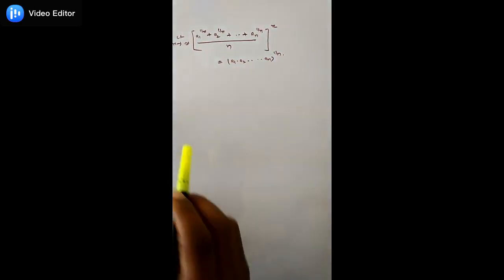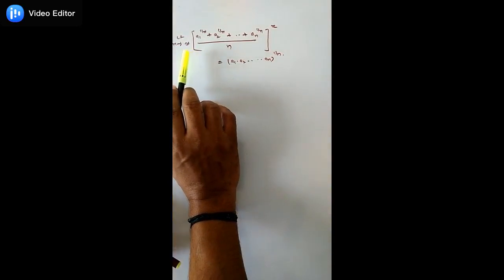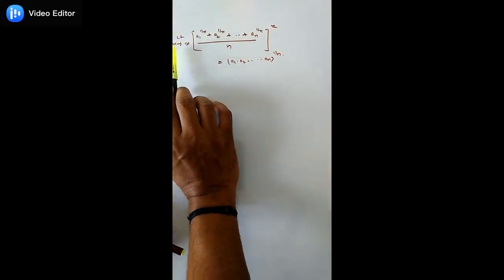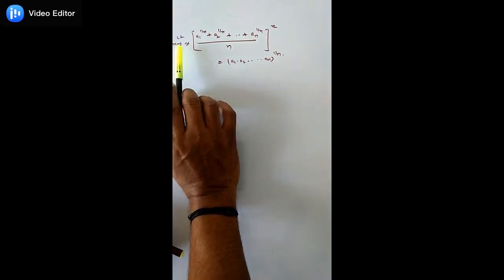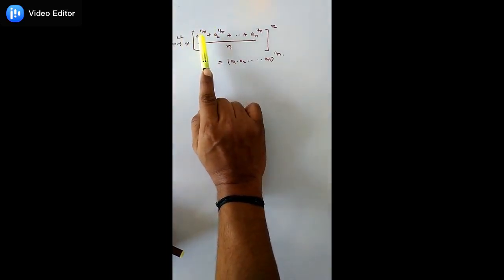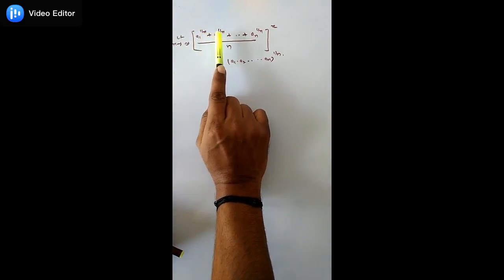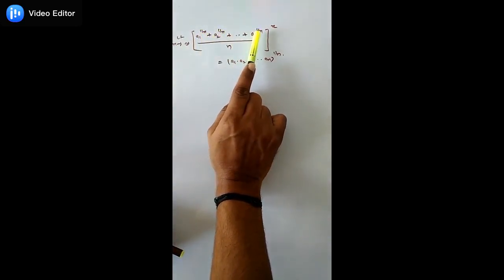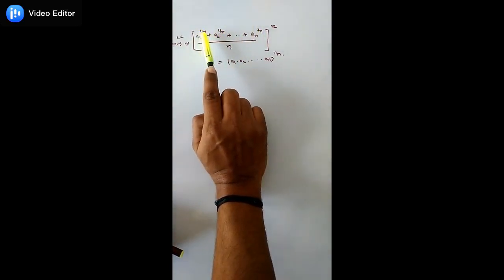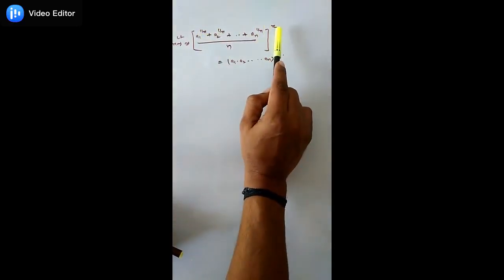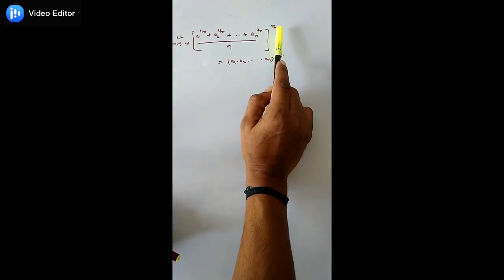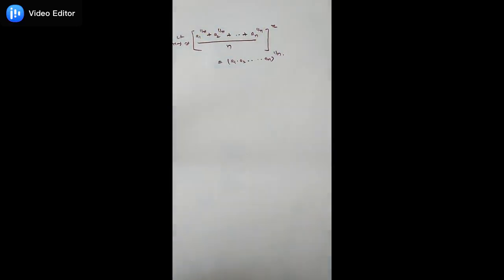Now what is the difference between the previous question and this question? In the previous question x tends to 0, here x tends to infinity. In addition, in the previous question we had a1^x, a2^x and so on, an^x, but here we have powers in terms of 1/x. And in the previous question the whole was to the power 1/x, but here we have x. That is the difference.